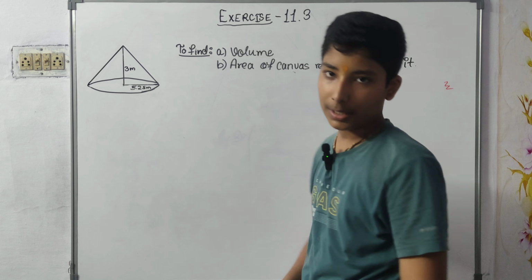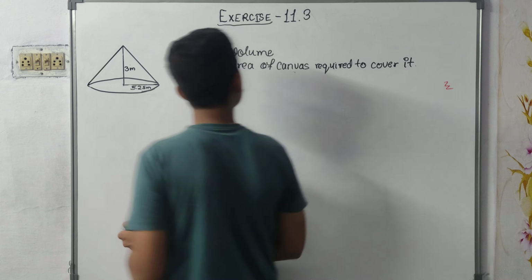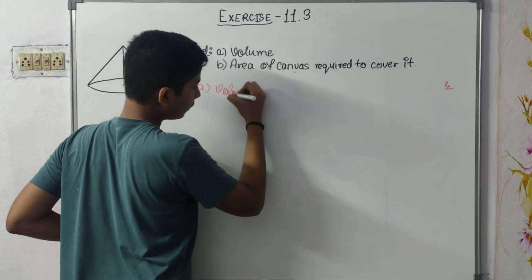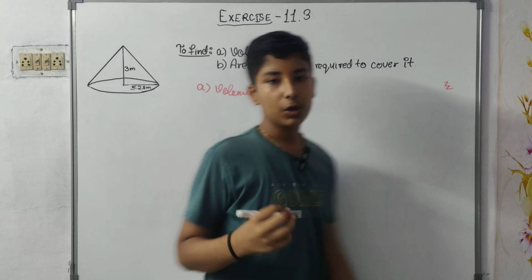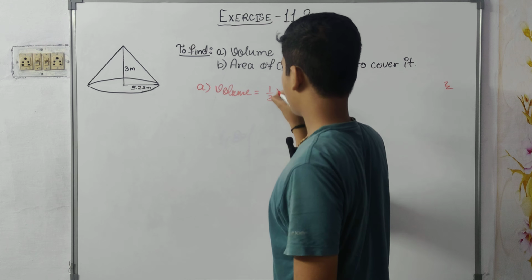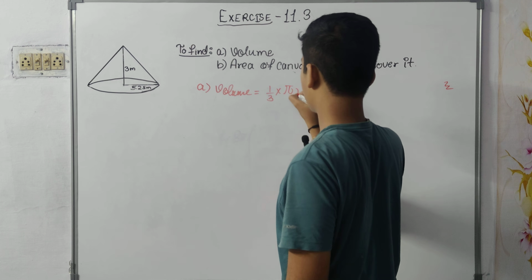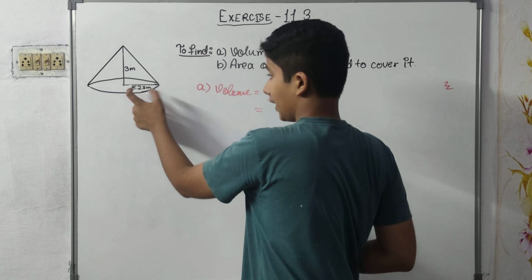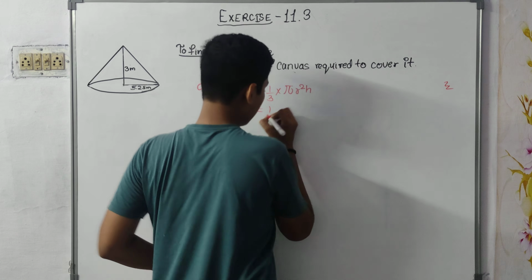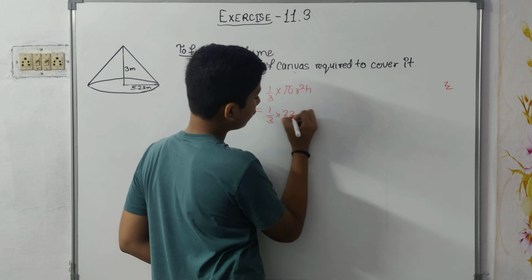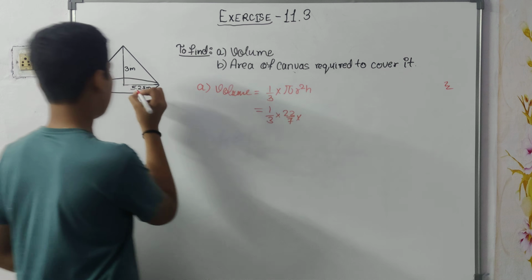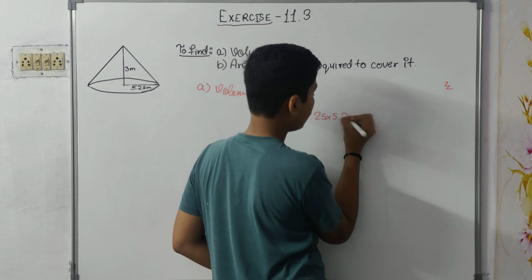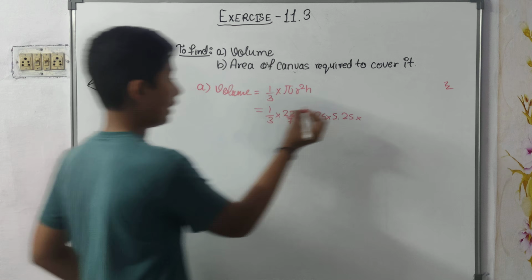Now we have to find out the area of canvas and the volume of the heap. So we will find the volume. What is the volume of a cone? We have read it very frequently: 1/3 pi r square h. Over here the radius is given as 5.25 meters. So 1/3 of 22 by 7 into 5.25 into 5.25 multiplied by height, which is 3.